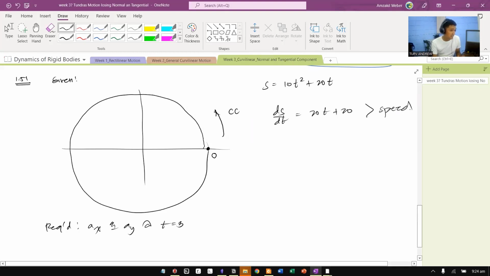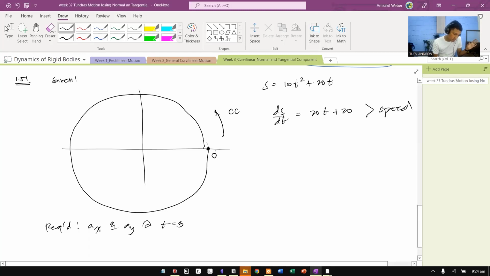But if you just say it is speed, then you miss the point.